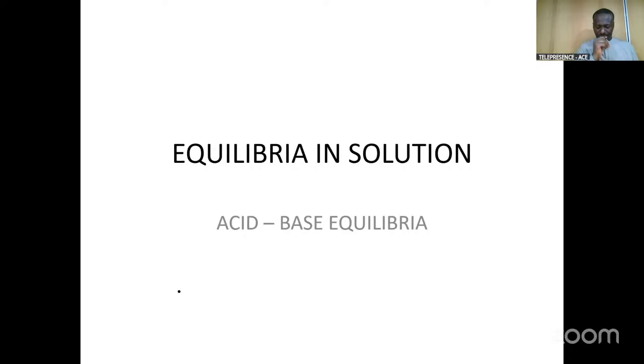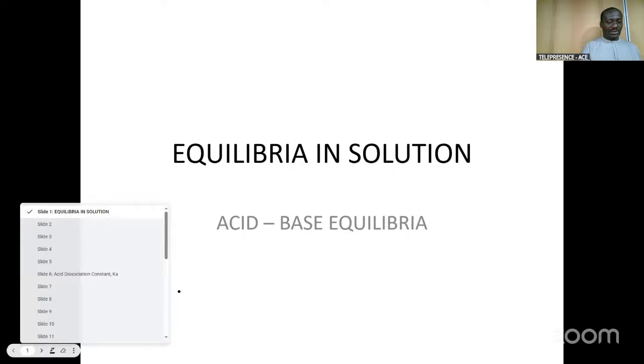As I was saying, equilibria in solution is apparently the area of this topic that's of relevance to our day-to-day activity, because most of the reactions studied are usually in solution. And that is why studying equilibrium in solution is very, very important.